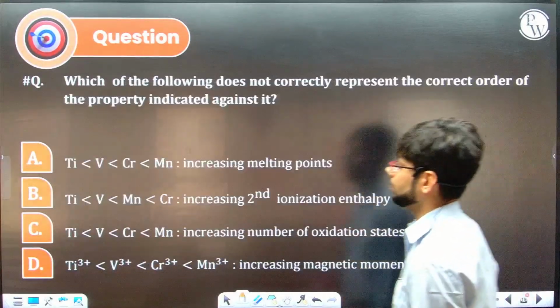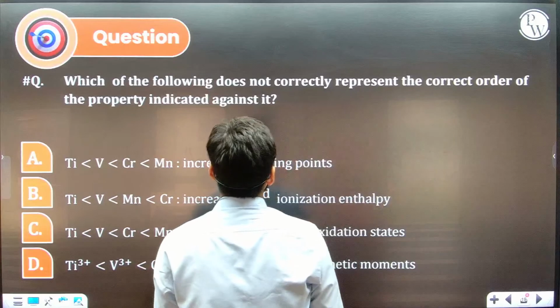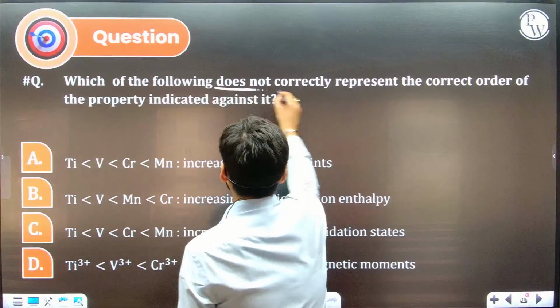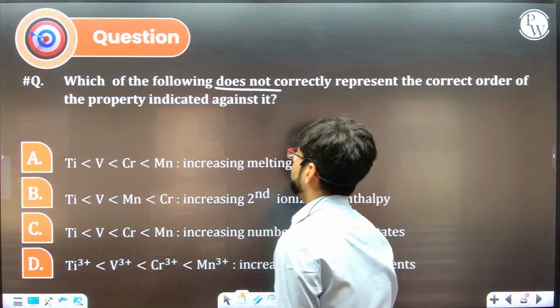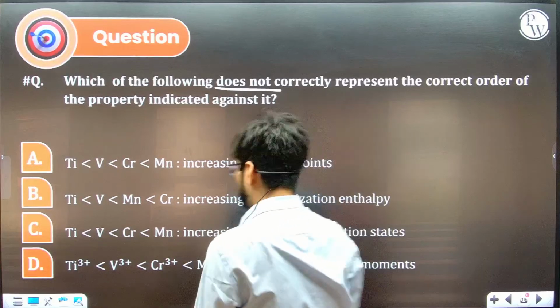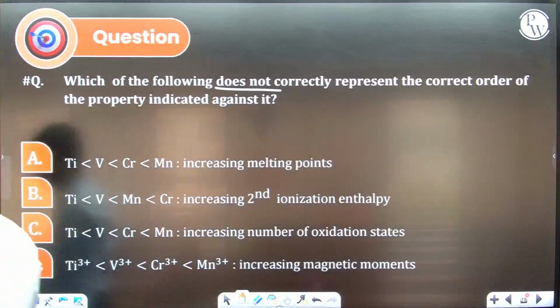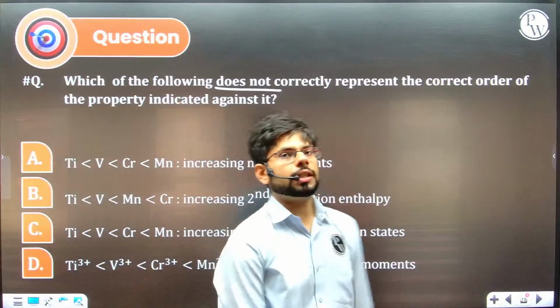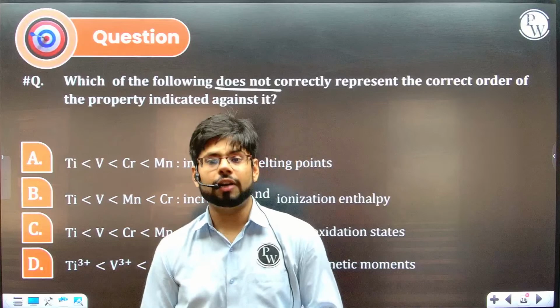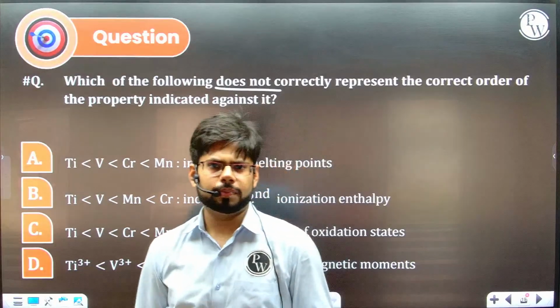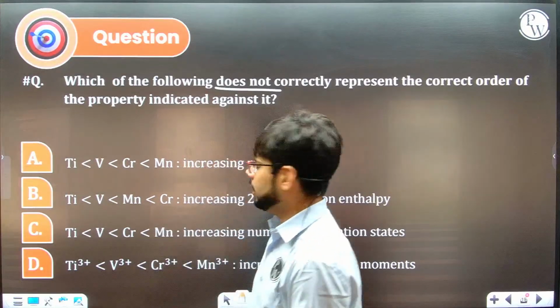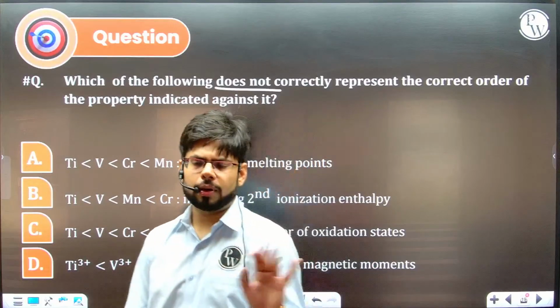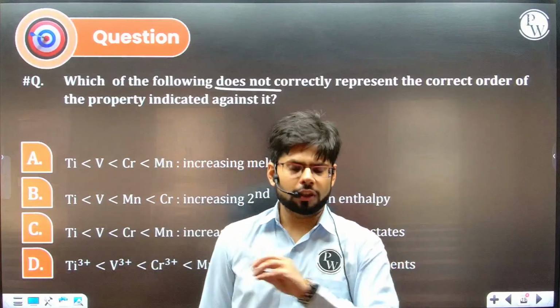Next question. Which of the following does not correctly represent the correct order of the property indicated against it? Okay, this is interesting. Now see, I told you that in NCERT there are trends given. There are different values of properties given. So you don't need to memorize values of melting points, values of boiling points, E0 values.